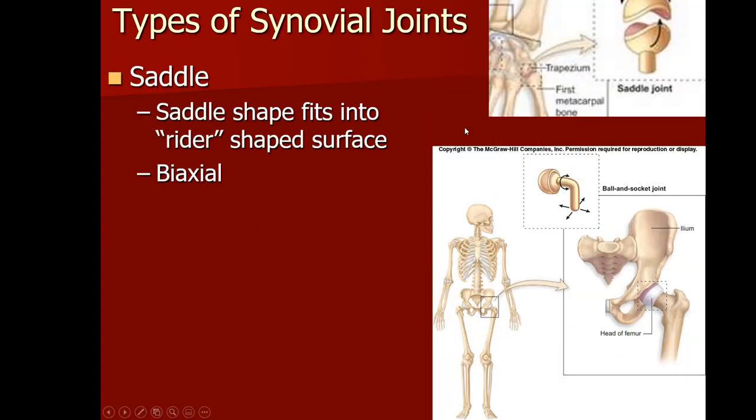And then, very unique example, a saddle joint. Similar to a condyloid on some level, but the best example we have is the joint between the trapezium and the first metacarpal. So basically this is going towards your thumb. So envision if you're thumb wrestling that movement that you're getting, or hitchhiking, sticking your thumb up, that is movement at that saddle joint. And it's biaxial because you can go side to side, back and forth.